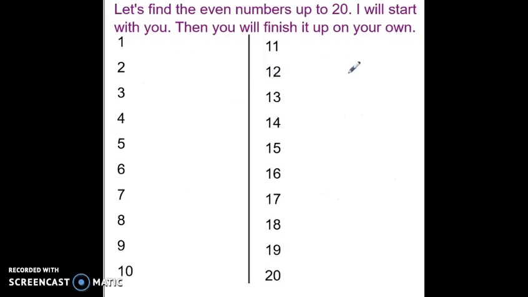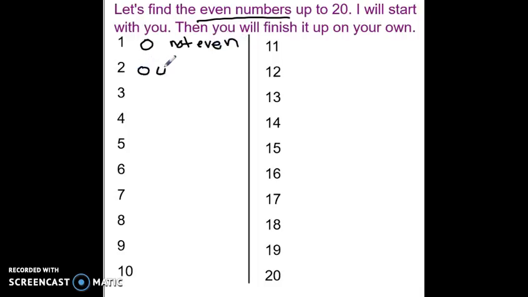So we're going to take a look at all the numbers from 1 to 20, and we're going to look for the even numbers. Remember, even numbers have partners. So let's start with 1. If I have one thing, it doesn't have a partner. So 1 is not even. Now we move on to 2.